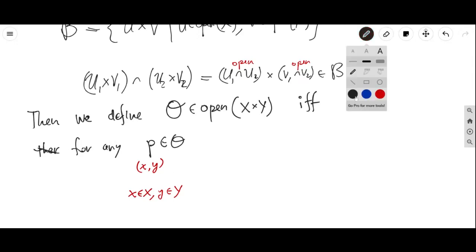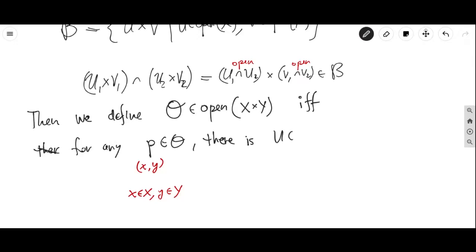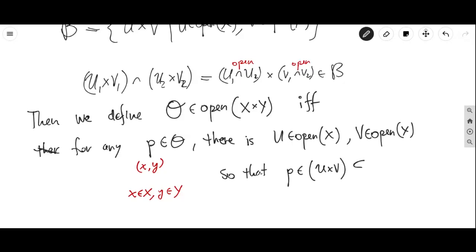So that's your point. You would say that for any point there is a basis element, so there is U open in X and V open in Y, so that the point is an element of this Cartesian product U times V, and that Cartesian product itself is a subset of that open set, the thing that you're saying is open.